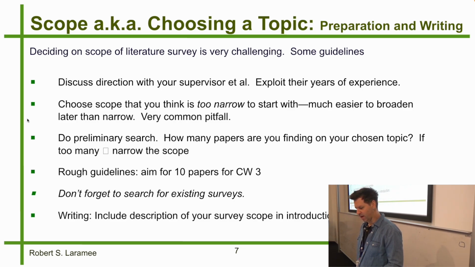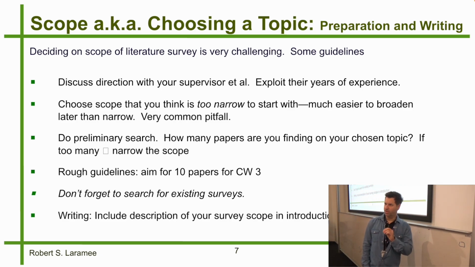Some more guidelines. Choose a scope that you think is too narrow to start with. When you're trying to decide on a topic, it's better to decide on a topic that's very specific, rather than one that's too big, too broad.